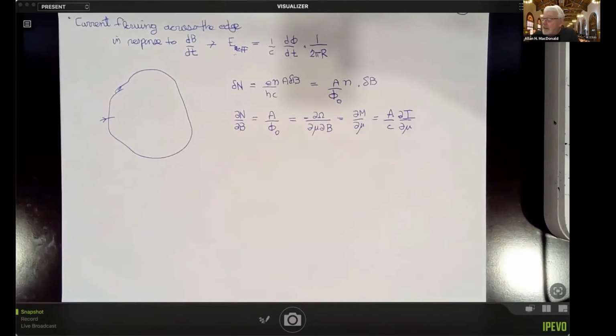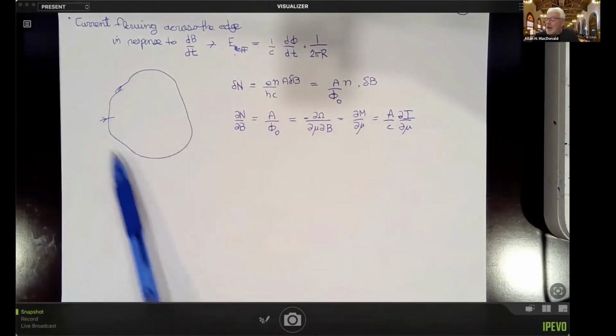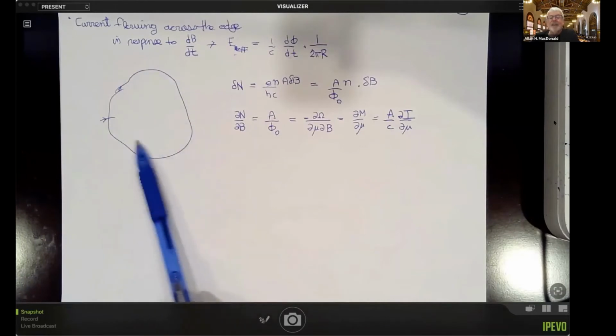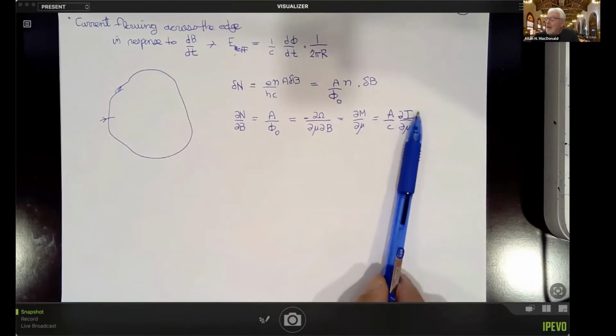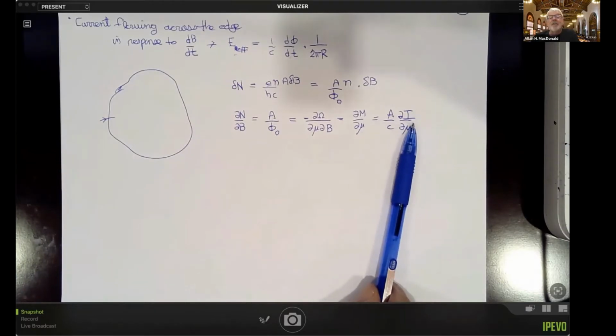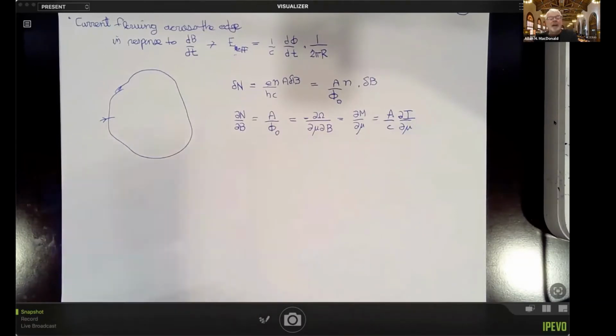So if this orbital magnetization is coming from currents circulating around the edge of the sample, then this relationship also tells you that when you have a quantum Hall effect, the derivative of the edge current with respect to chemical potential is given by this quantized expression.